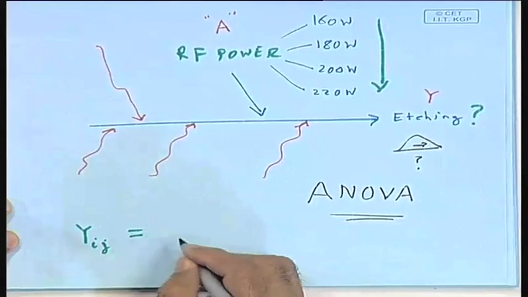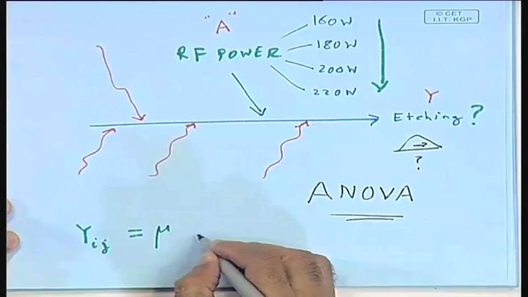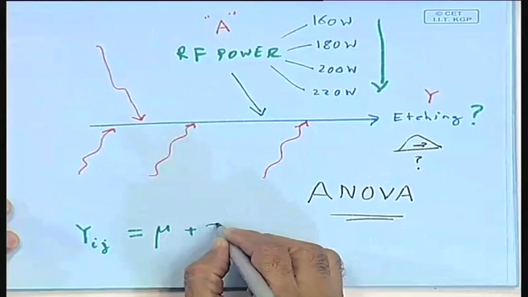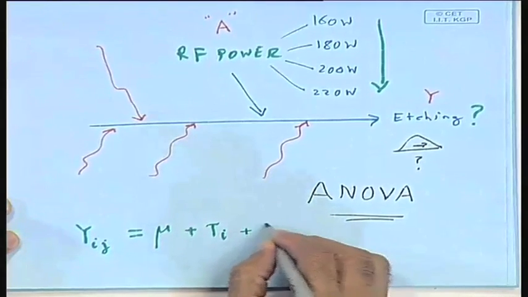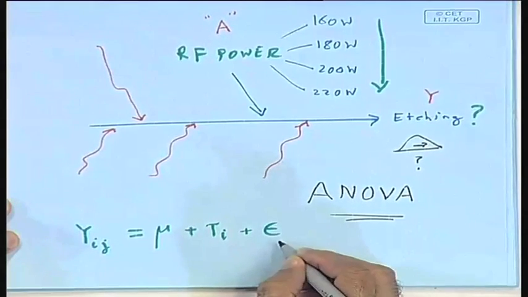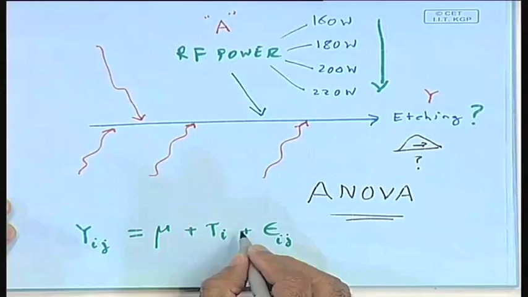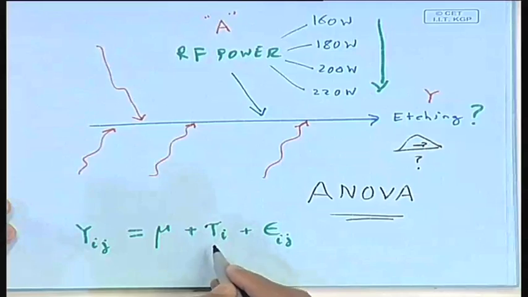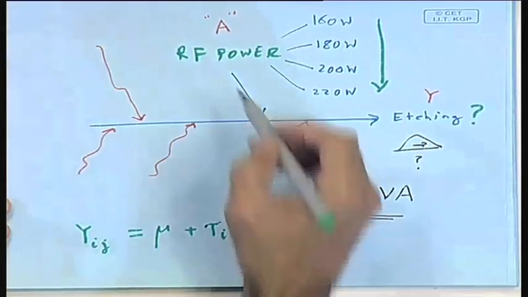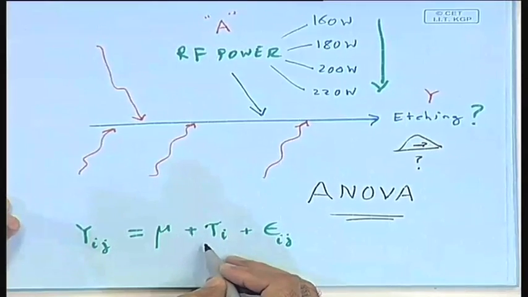This is equal to an overall average, which I'm going to call mu, plus an effect due to the treatment, which I'm calling tau i, plus a random effect due to all the other factors which I'm not controlling. This I'm going to call epsilon ij, because this is going to change from run to run. These tau i levels come from changing my setting for factor A from 1 to a. So there are a different settings possible.